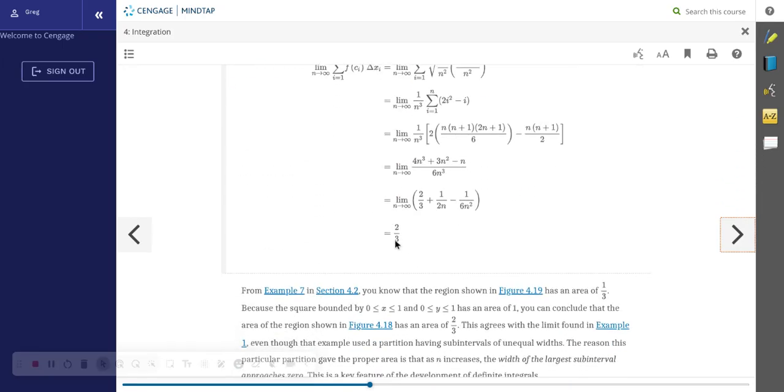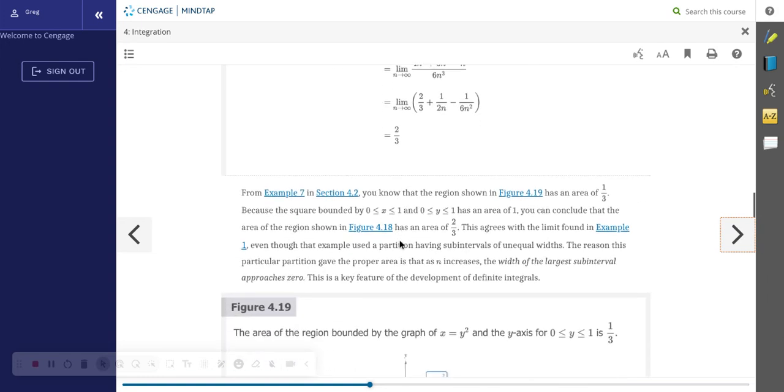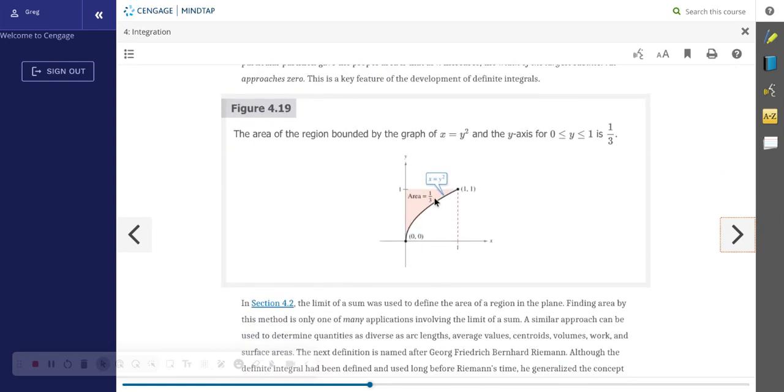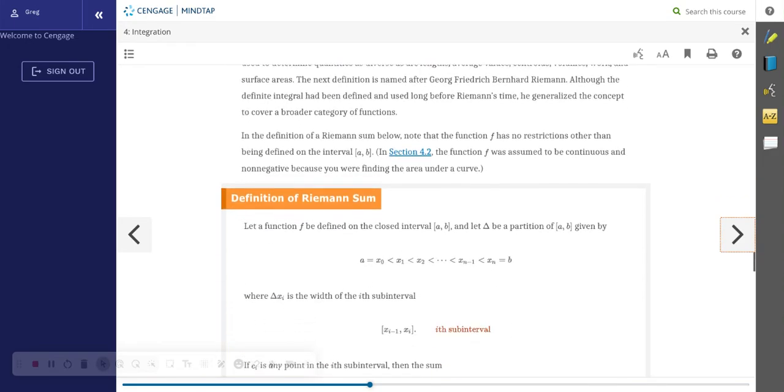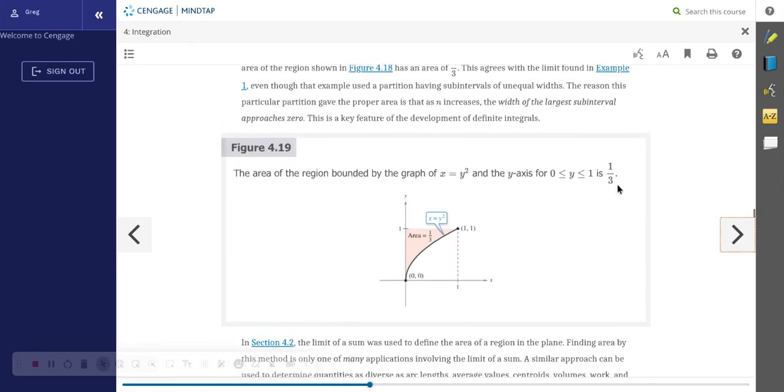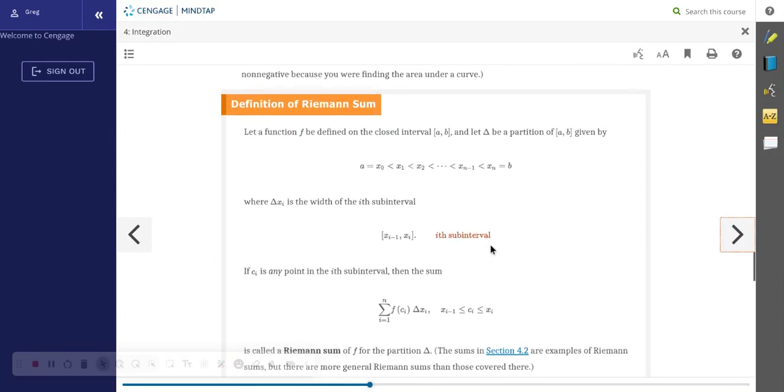So look here, the area under the curve is 2/3. Then what this is just telling you is that you can use your geometric properties to find other aspects of a graph, an area. So like if we wanted to find the area above the curve and under this line, you could simply use subtraction and the area would be 1/3. Okay, so that's what this is telling you, not a big deal.